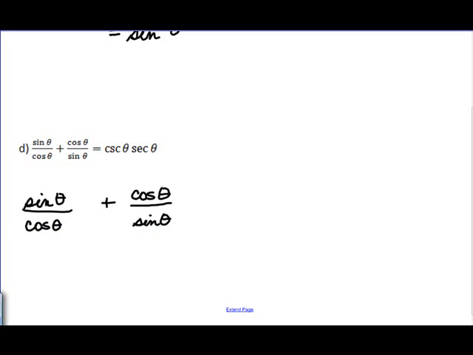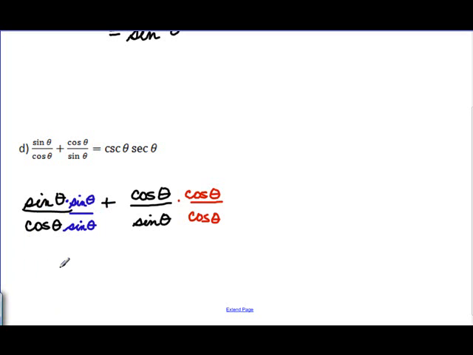So we would need to multiply the first fraction by sine theta over sine theta. And we need to multiply the second fraction by cosine theta over cosine theta. I'm sorry, I looked at what I had there.